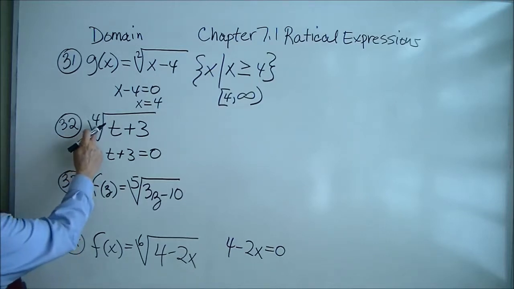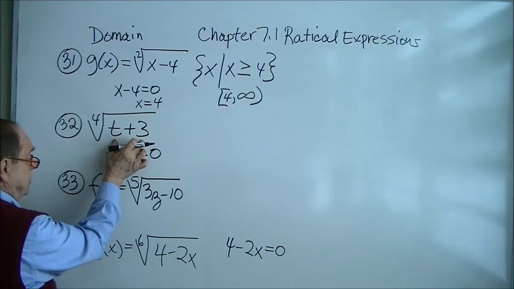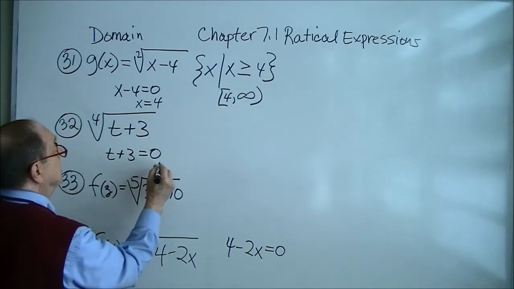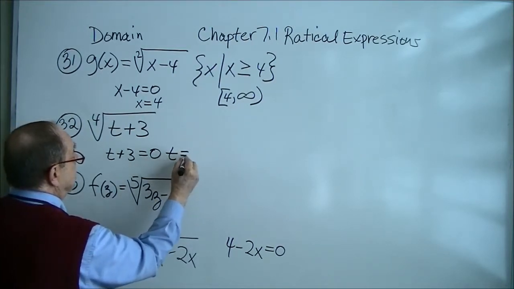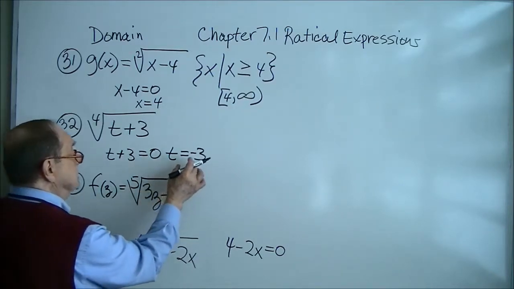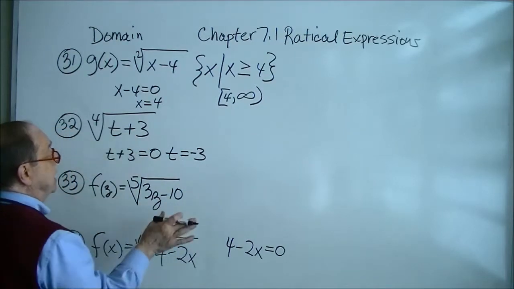Okay, again, this is an even number. So take the radicand, equal it to 0, and we have here t is equal to negative 3. So again, if the number is negative 3 or greater, that will be okay.